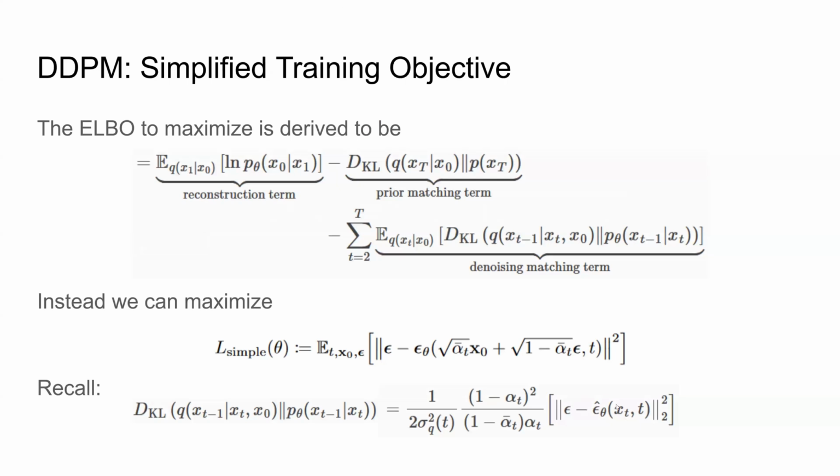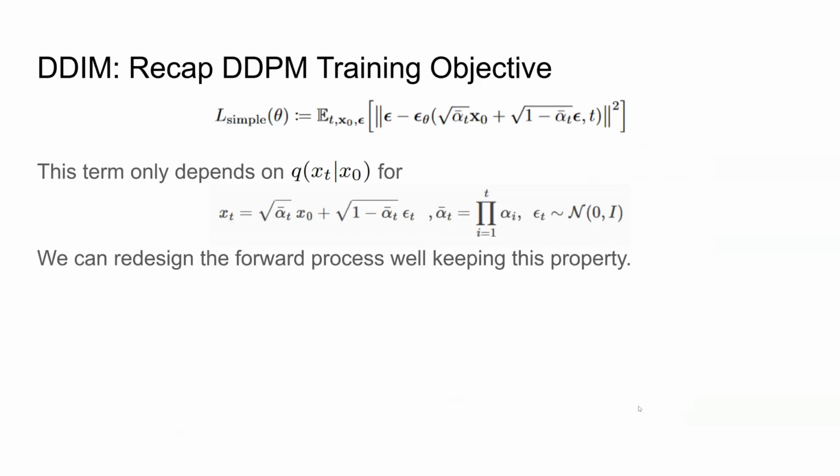So you can see that what our model predicts is the noise, and it predicts the noise based on xt and t. So what is important in the training objective is that we need this so-called marginal term to derive the property for xt given x0.